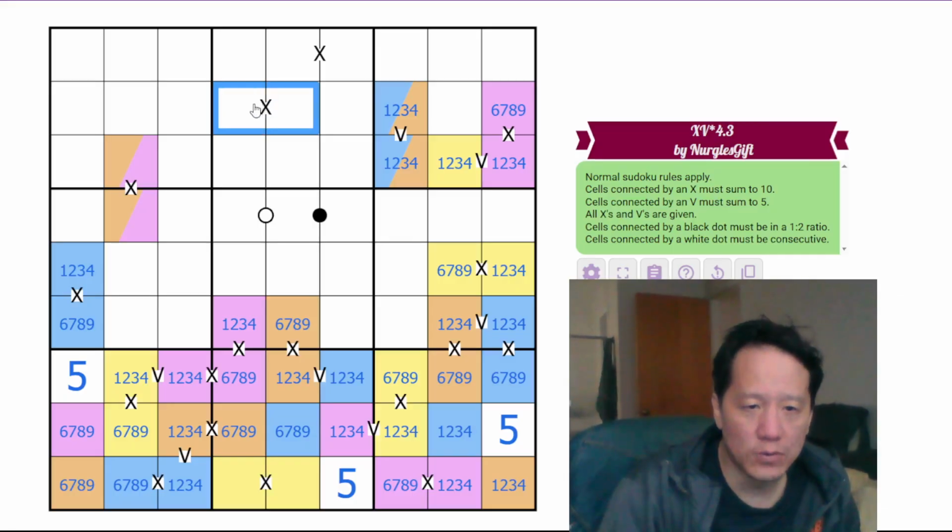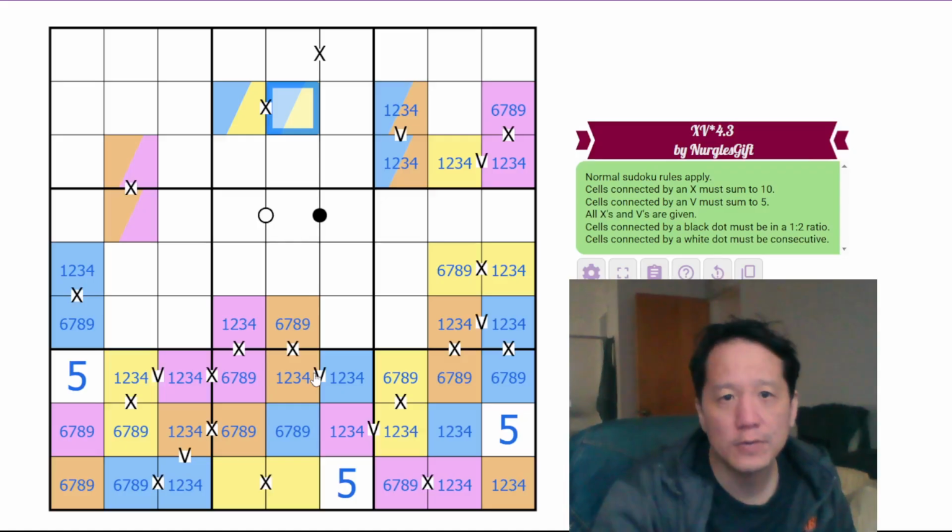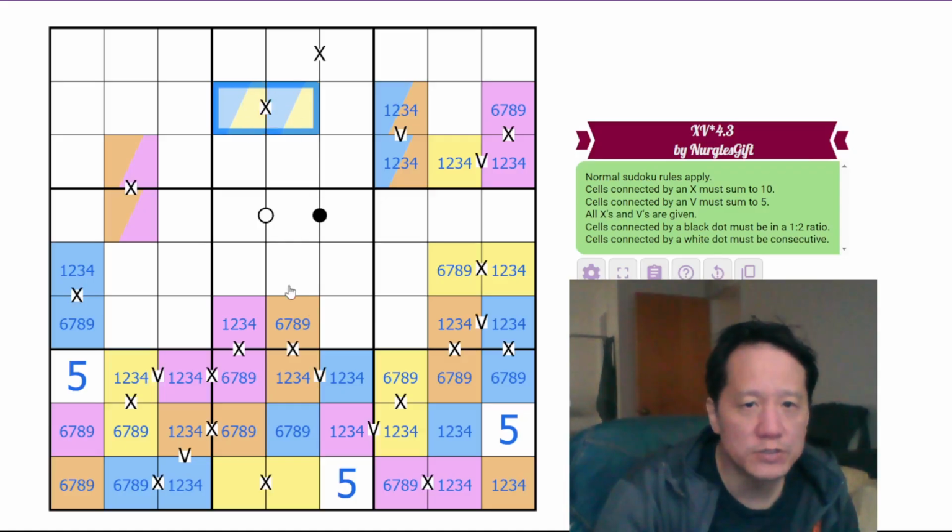It cannot be orange, so this is blue or yellow here. It can't be pink because both pink cells in column 4 see that cell, and they would have to have one of them be there if there was a pink pair. Same with orange. Orange sees that. We don't know which one's which there.